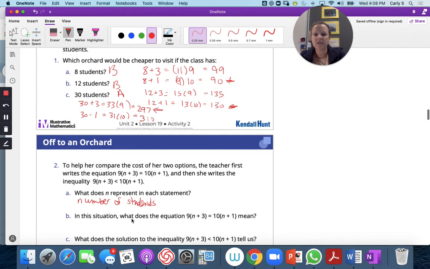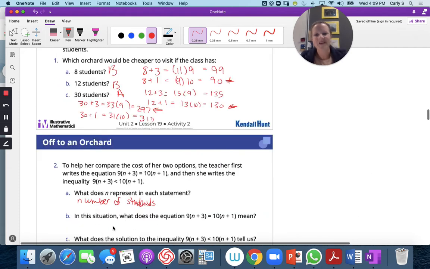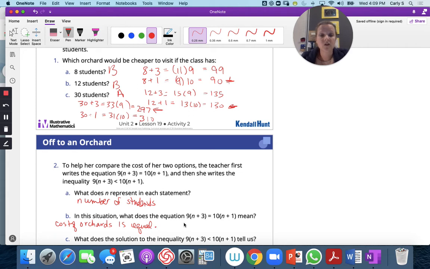In this situation, what does the equation mean? I'd say the cost of the orchards is equal. So how many students you would need to go where it doesn't matter which orchard you go to. The cost is equal.